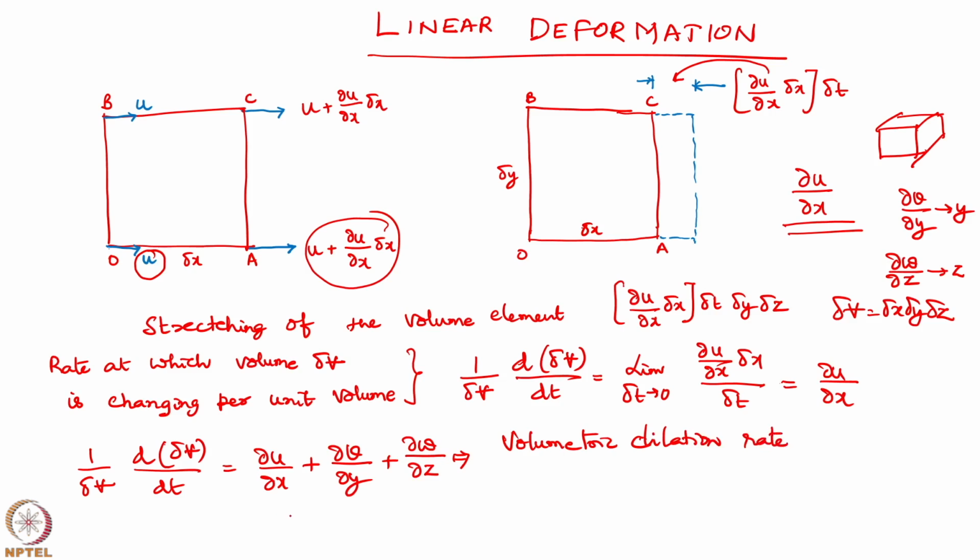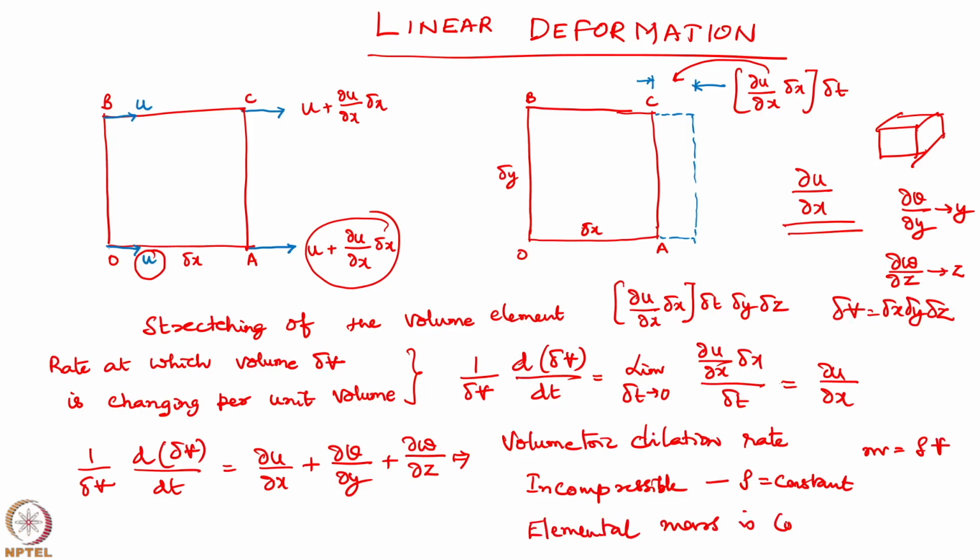But for incompressible fluids, what is the characteristic? For an incompressible fluid, density is constant. If the density is constant, we know that mass equals density into volume. So elemental mass has to be conserved, by conservation of mass. In that case, for incompressible fluids, if density is constant, the change in volume will be 0.